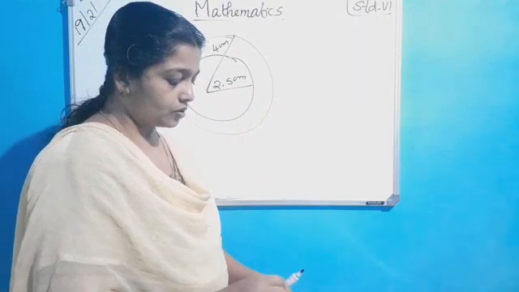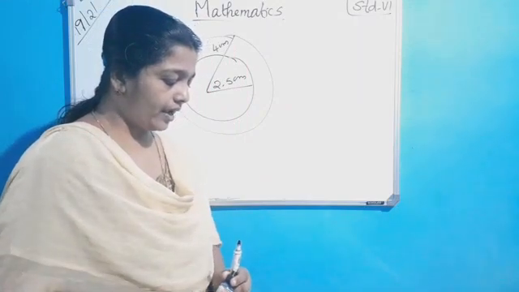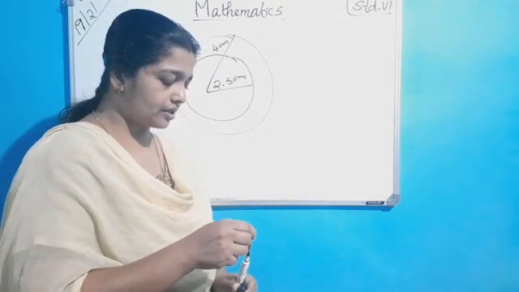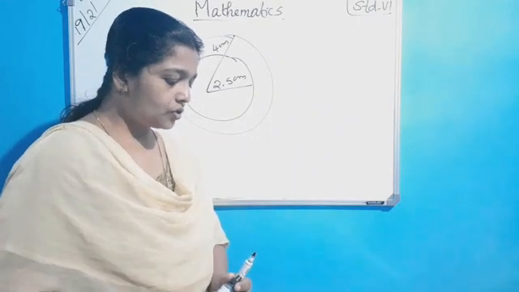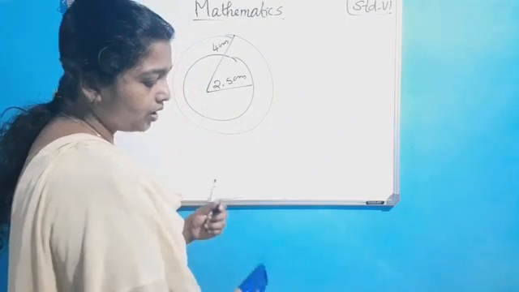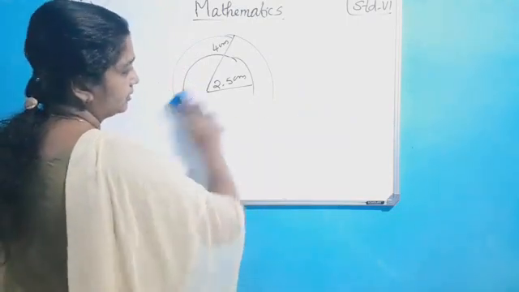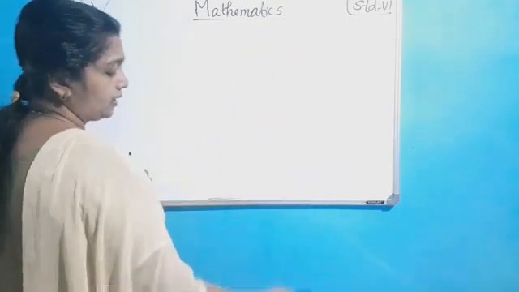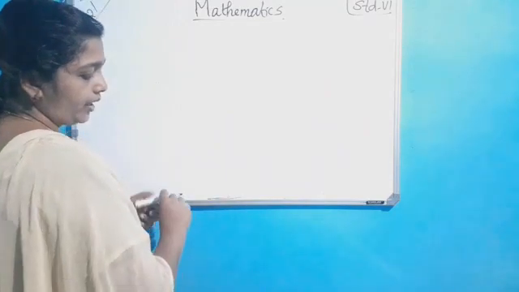Next one, the third. Draw a circle and any two of its diameters. If you join the ends of these diameters, what is the figure obtained? First take a measurement and draw a circle.